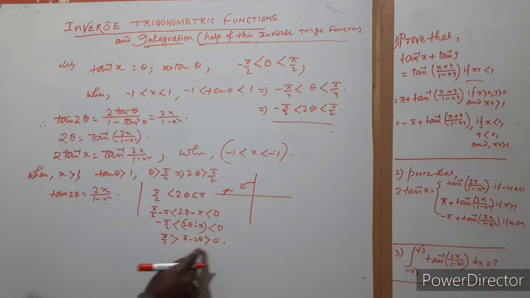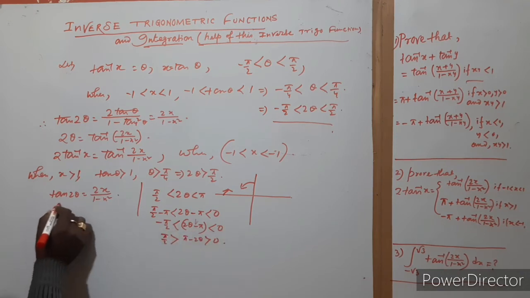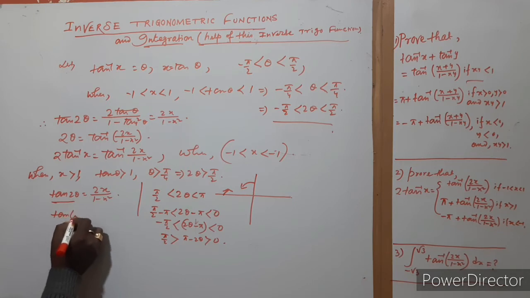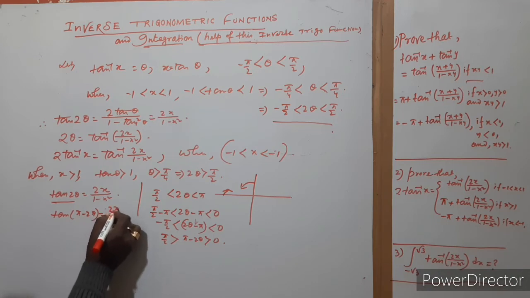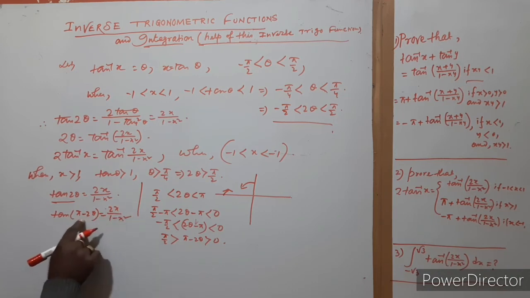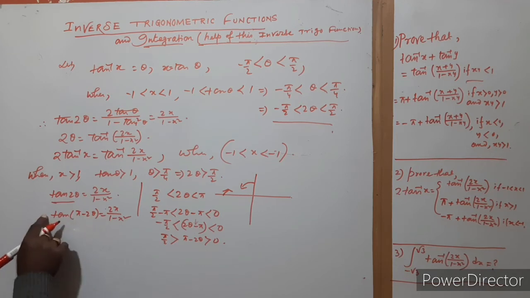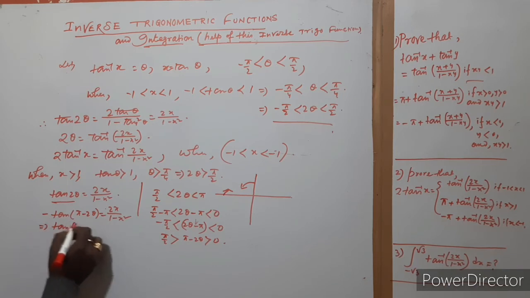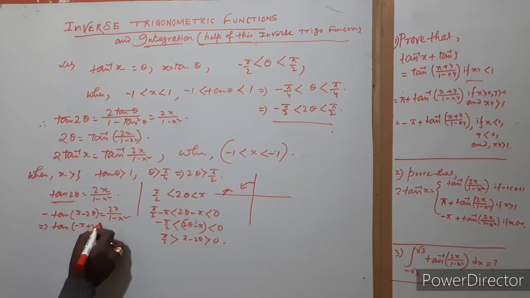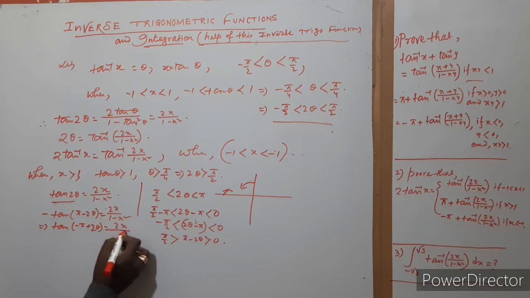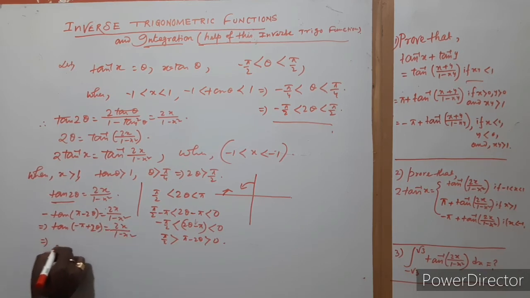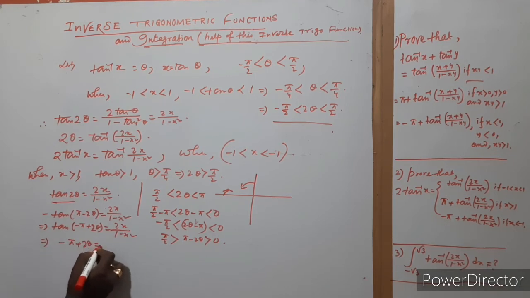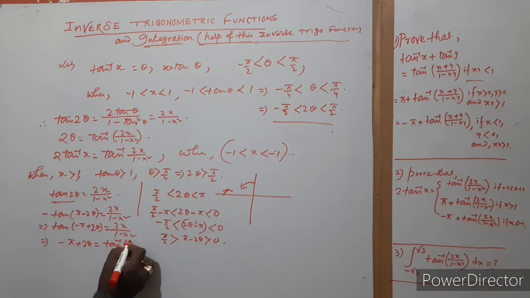So 0 to 90 degrees, or minus pi by 2 to 0. So in place of that we can write pi minus 2 theta, which is twice x by 1 minus x square. But see, here we get a minus tan 2 theta, so minus minus is plus. After that, multiplying by minus, we get minus pi plus 2 theta, that is equal to tan inverse of 2x by 1 minus x square.